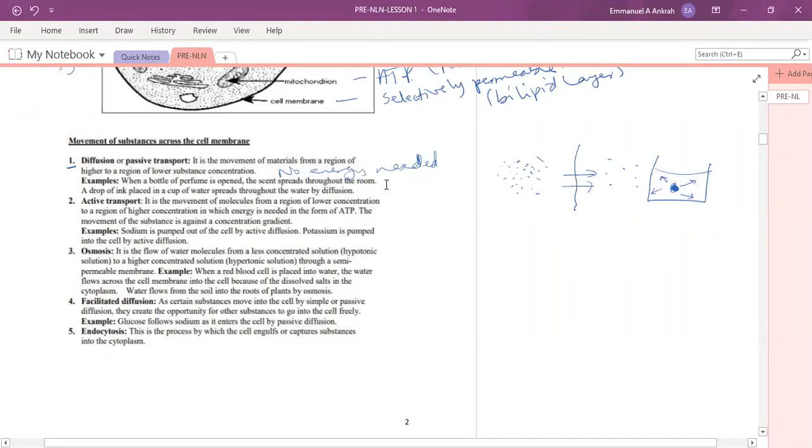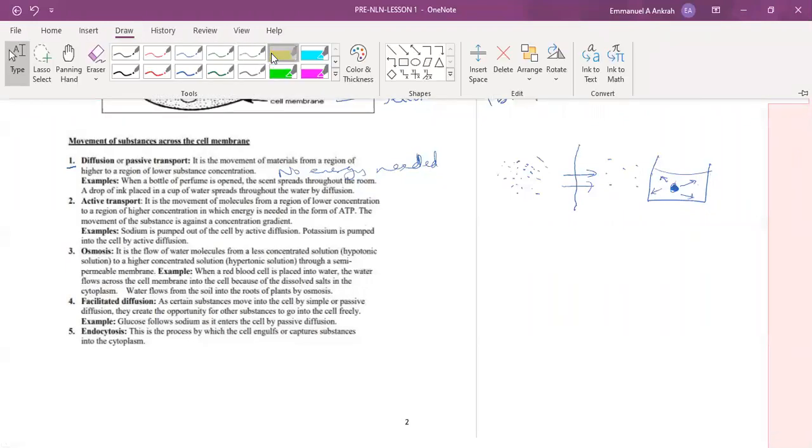Okay, good. Then the second one is active transport. So active transport is like the reverse of diffusion, right? It is movement of molecules from a region of lower concentration to a region of a higher concentration. So those are the keywords, from a lower to a higher concentration.